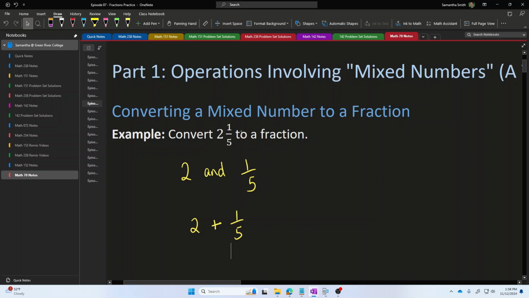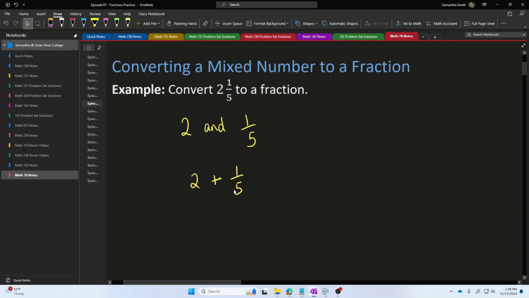If you have a mixed number like this one, a whole number 2 and a small fraction next to it, and you want to convert that to a single fraction, then all you have to do is add together 2 and 1/5, the same way that we added fractions together in episode 6 that we just finished talking about yesterday.